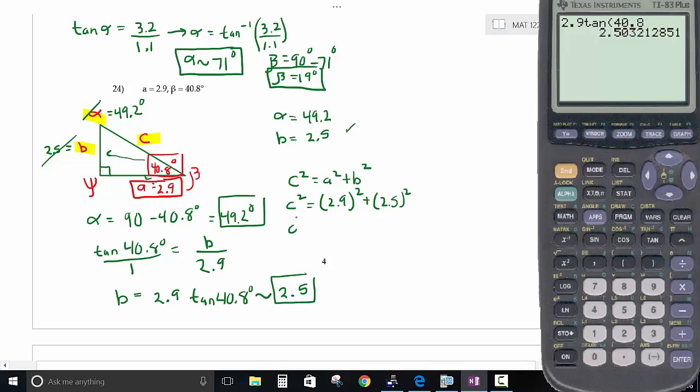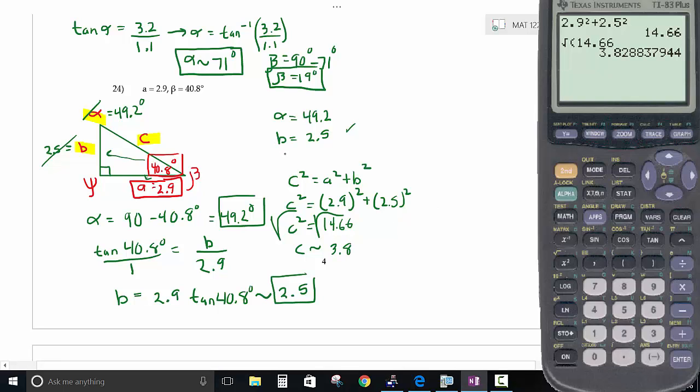We can just do this in a couple steps on the calculator. 2.9 to the second plus 2.5 to the second gives about 14.66. Now I can square root both sides, and that'll give the approximate answer to C, which is about 3.8.